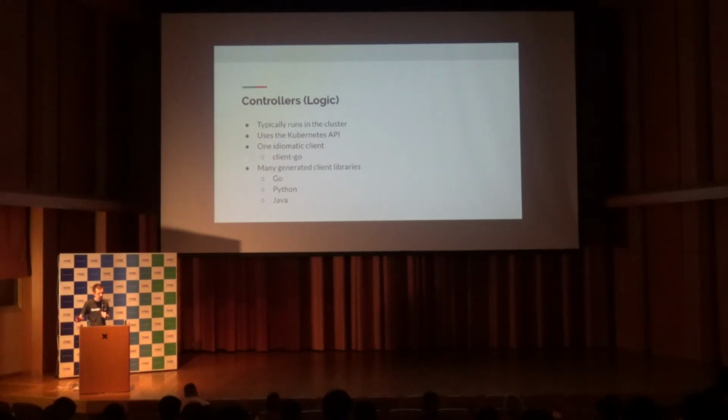Client Go is an idiomatic library that was originally built for Kubernetes itself. So all of the built-in pieces of Kubernetes use this library in order to talk to the API. And so what you'll typically see is that controllers are written in Go because they want to make use of this client Go library.